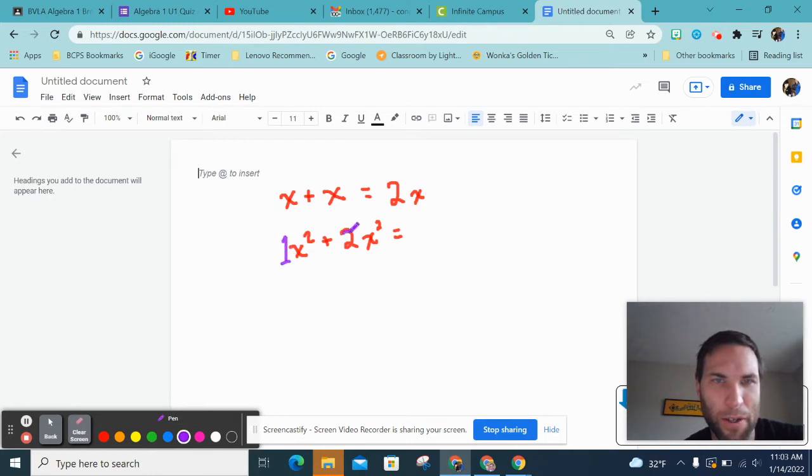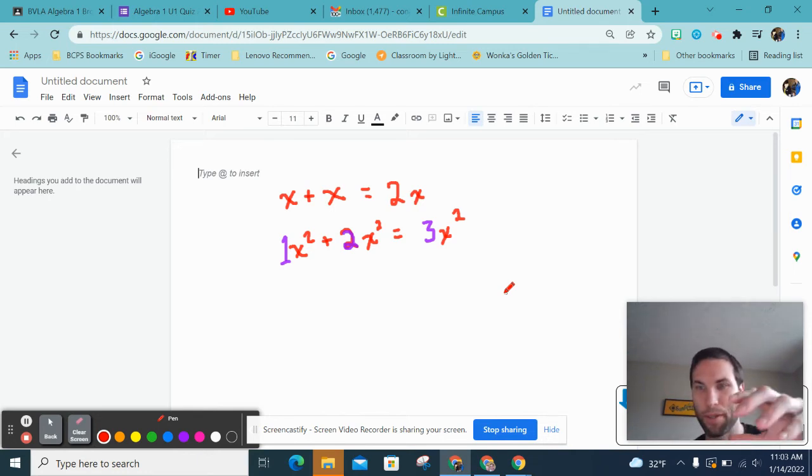There'd be a 1 there and the 2 here, and that makes 3x squared, and the exponent doesn't change. So with the gumdrops, you have some x squareds, and you have some x's, and you have some constants where there's no variable, and you're going to sort them and then combine them, and then you're going to put the 3 buckets together and make an expression.